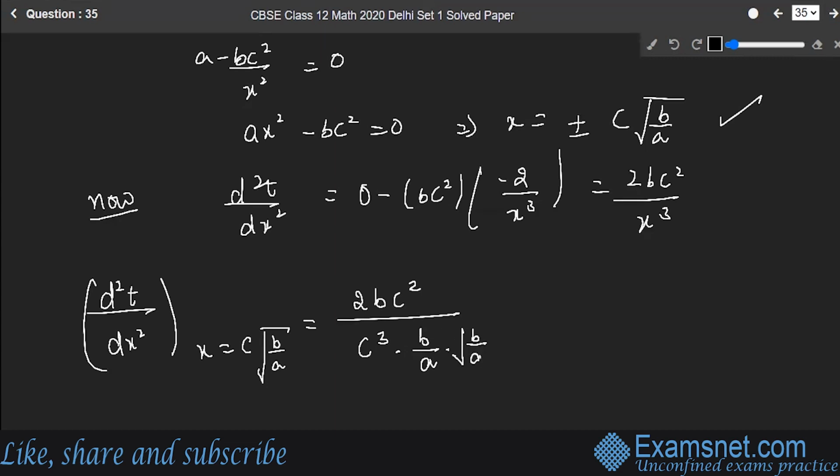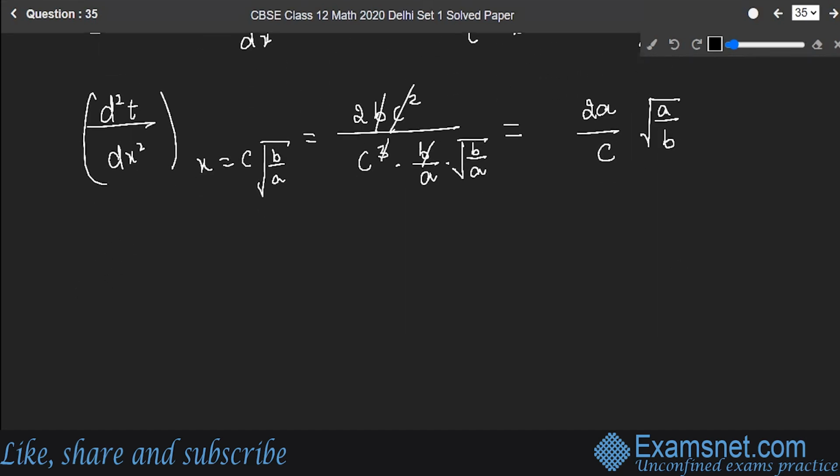So this is root of b upon a. That gives you here this and this will cancel. This gives you 2. A will go in the numerator, and also b and b will cancel. So this is 2a upon c root of a upon b.